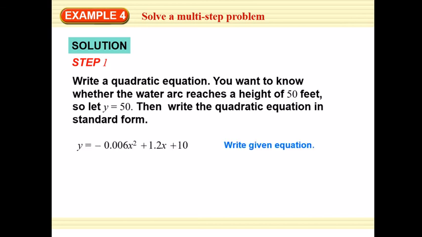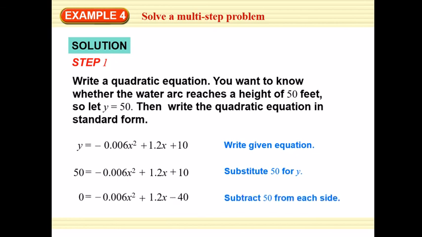So, here is my equation. I substitute 50 in for my height there for y, and then I write it in standard form by subtracting 50 from both sides. Alright, so when I have a positive 10 minus 50, that produces negative 40, and of course 50 minus 50 cancels out and becomes 0 on the left, which is what we want.